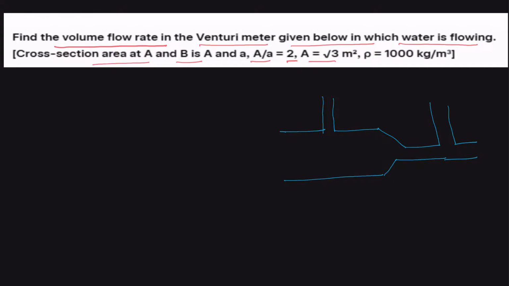This is our capital A and this is our small a, and this is point A and this is point B, and there is a liquid inside it.